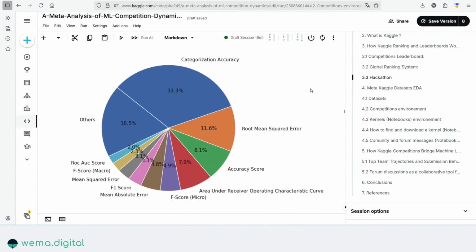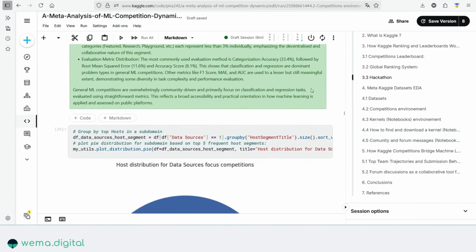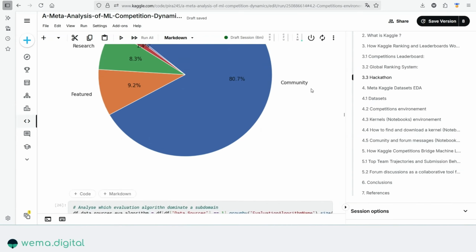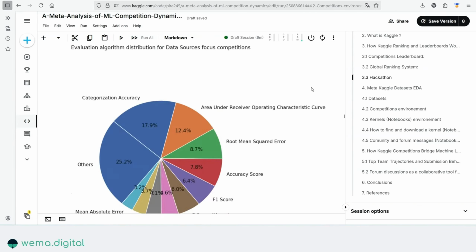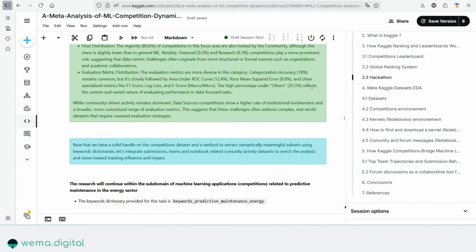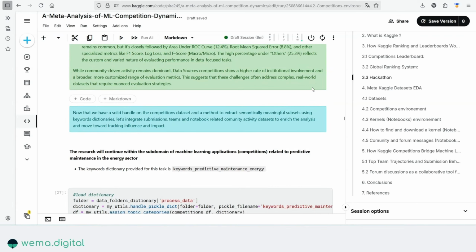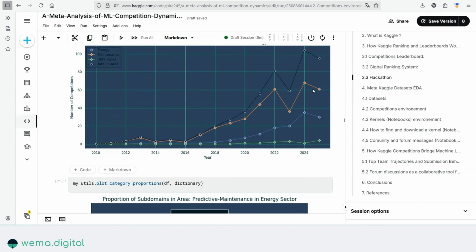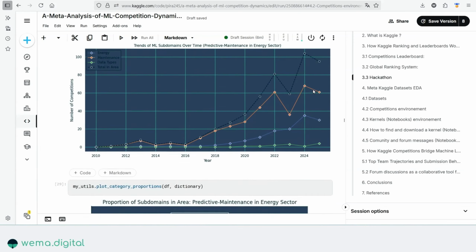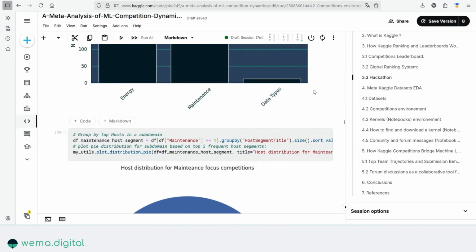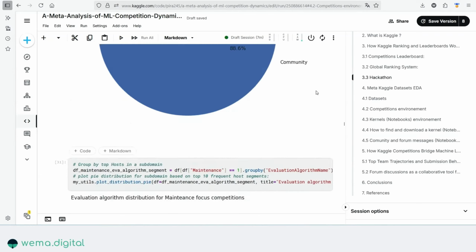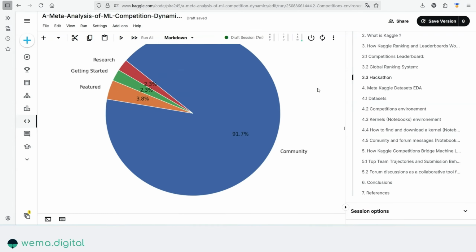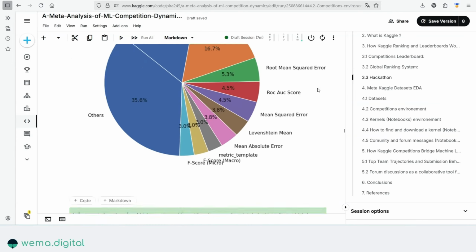These subsets were used to study the host and the evaluation metric in different categories. A relevant point to highlight from this analysis is that community-hosted competitions are very important for general-purpose machine learning models, while featured-hosted competitions play a key role in the specialization of machine learning models and the adoption of specific metrics.